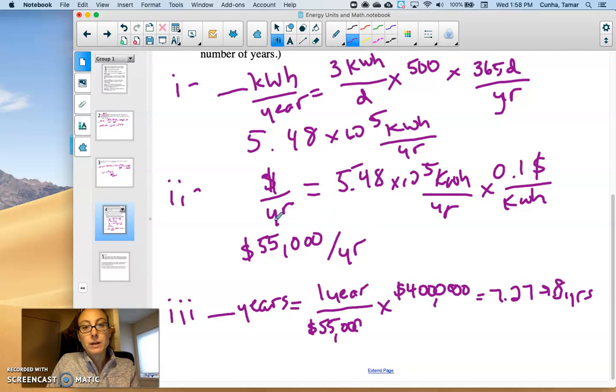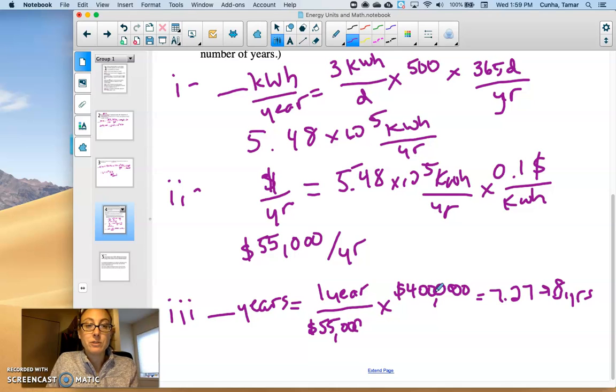So what I did was I used this number here. That's how much money you're saving each year. And I flipped it over because in 1 year, I'm going to save this much money, and really I want to know how long it's going to take to get there. So we're converting from 1 year, from that 55,000 into years. Here's how much money you have to make up.